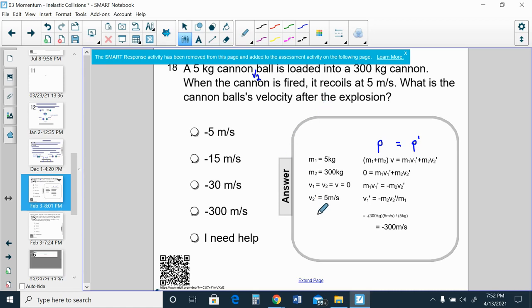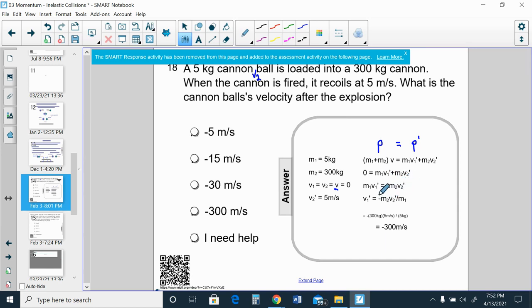Now, we just established that the initial velocity is 0. So that results in this whole side of the equation equaling 0 because velocity is 0, which leaves us with 0 is equal to that. So subtract from each side. So you'll have the momentum of object 1 here equals negative momentum of object 2.